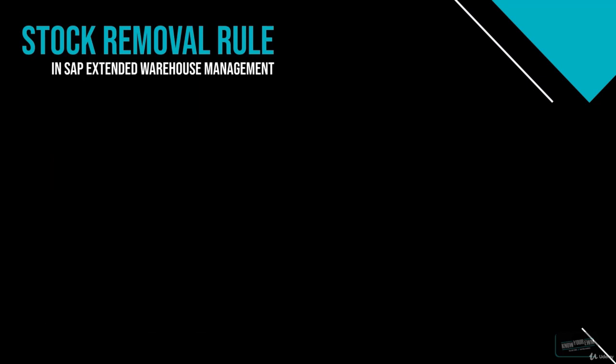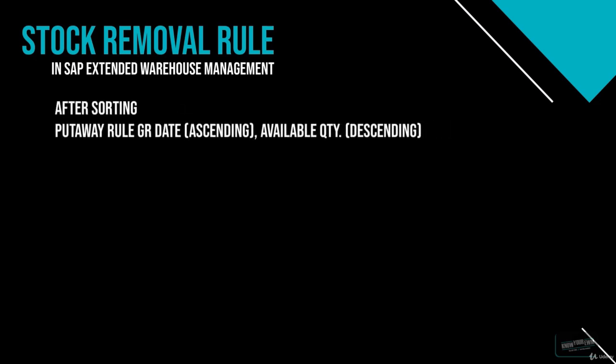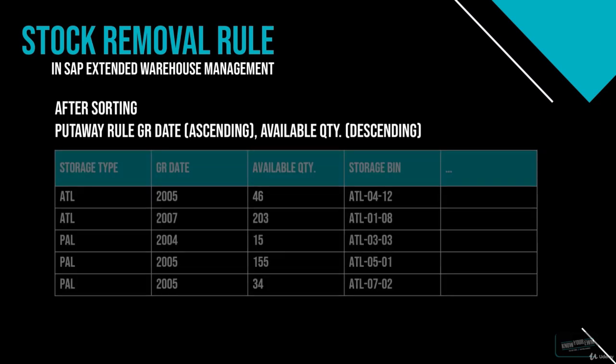And now we want to use the stock removal rule that we customized with the following sorting options. We want the list to be sorted by the goods receipt date ascending and by the available quantity descending. And applying that rule sorts the table like this.